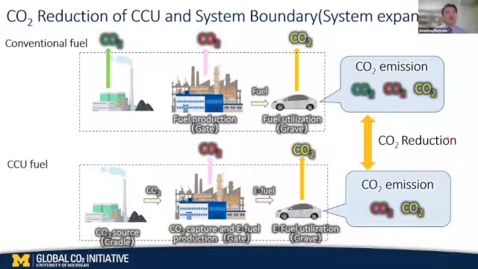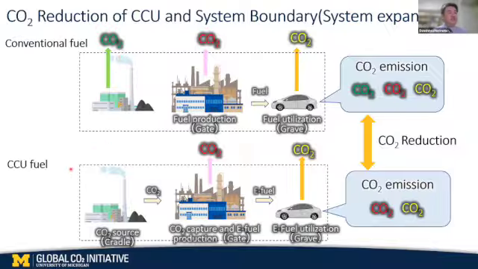And also, if you choose the system boundary as a system expansion approach, the CO2 source is included in the system boundary. So if you choose this system boundary, the result is totally different. For conventional fuel, the green CO2 emitted from the CO2 source is accounted.